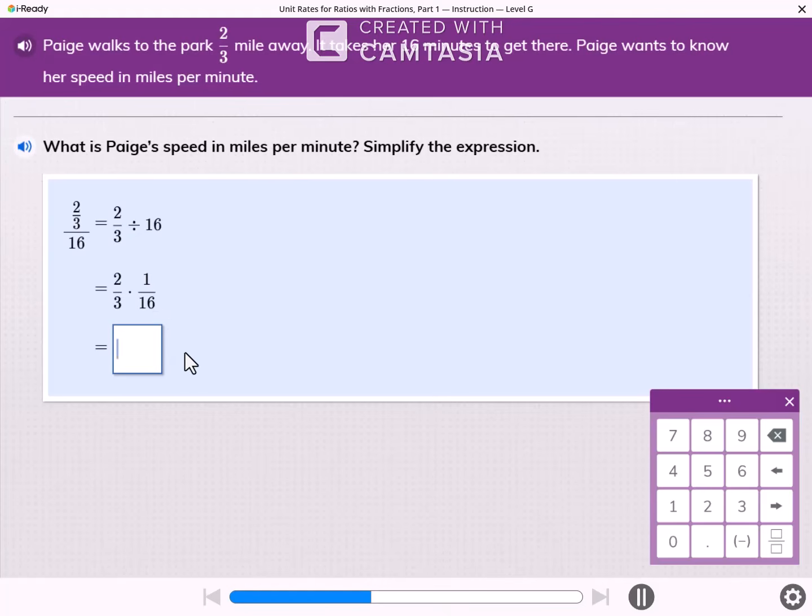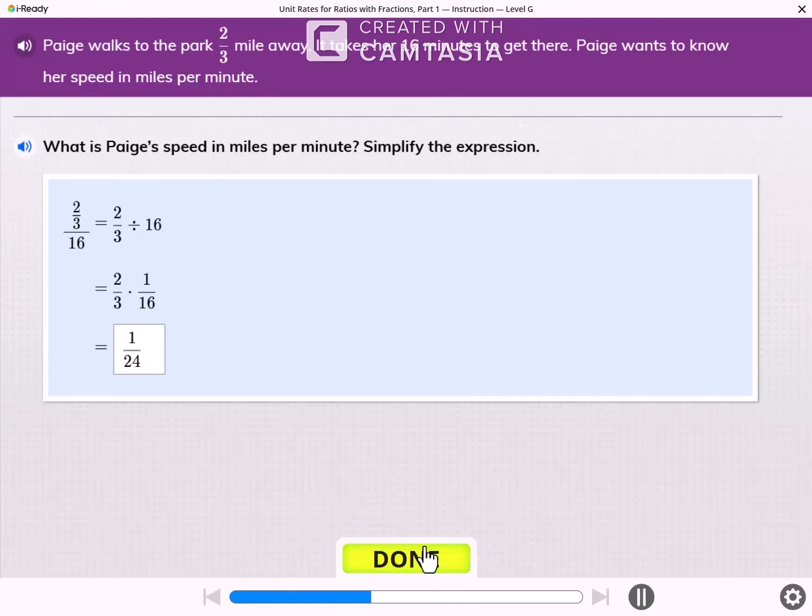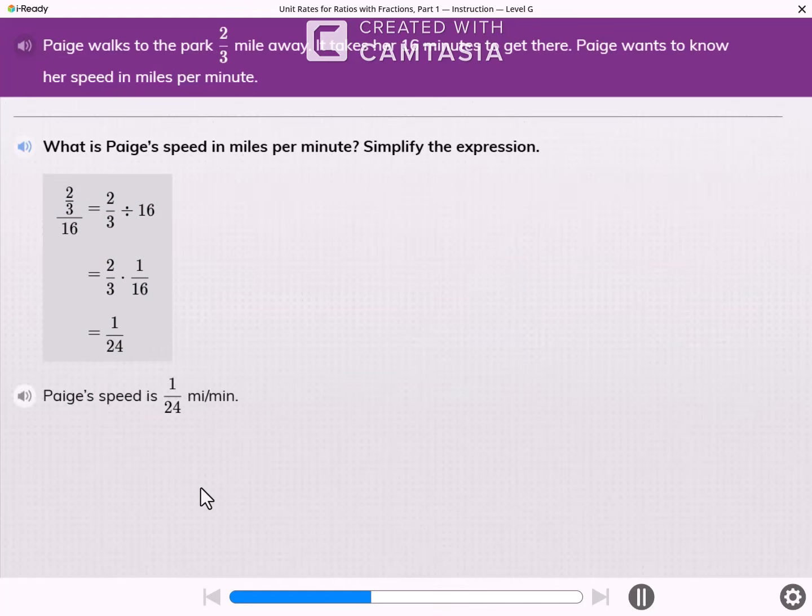Now to simplify. 2 over 48 is the same thing as 1 over 24. Paige's speed is 1/24th mile per minute.